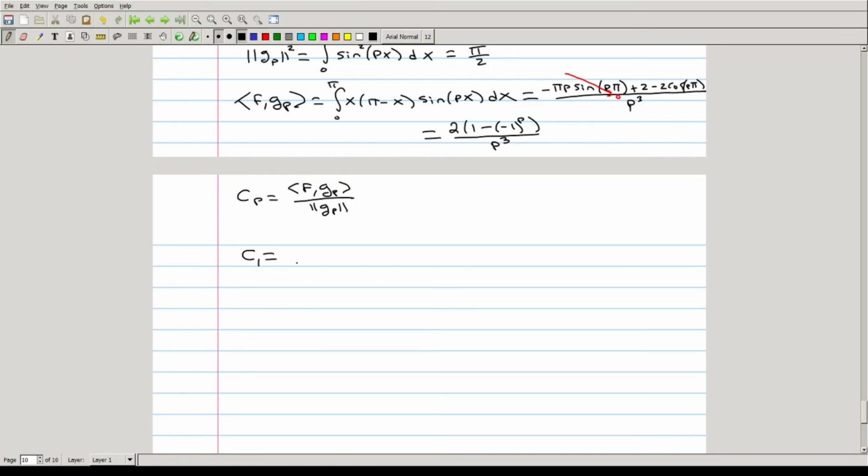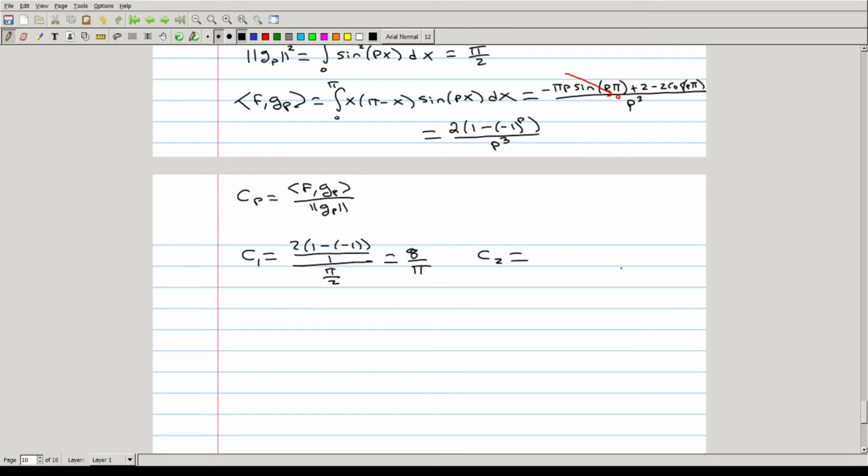So C1, we plug into it, is going to be 2 times 1 minus negative 1 over 1 divided by pi over 2, which is 8 over pi.